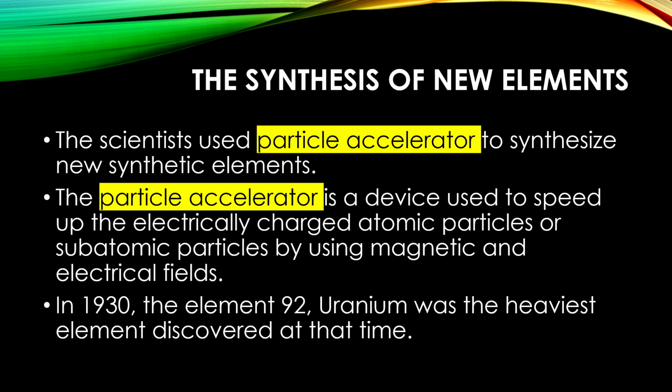So, the synthesis of new elements. The scientists use a particle accelerator to synthesize new synthetic elements. Most of the elements are found naturally, but there are some elements that can be produced in the laboratories. The particle accelerator is a device used to speed up electrically charged atomic particles or subatomic particles by using magnetic and electrical fields.